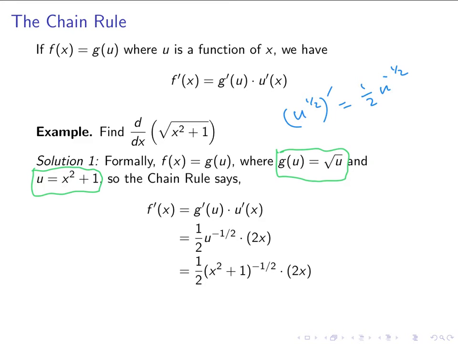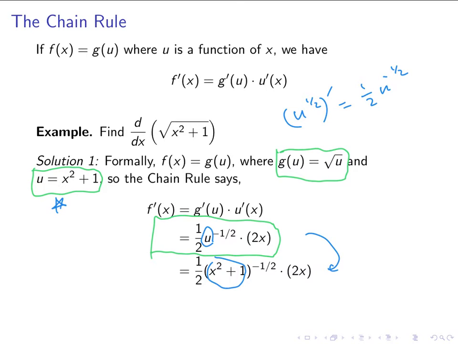So just like before, this is technically the answer, except it has both u's and x's in it. And our original question was only in terms of x. And so it's only polite to have the final answer be in terms of x. So all I have to do to get the final answer is change the u into what it's equal to in terms of x.